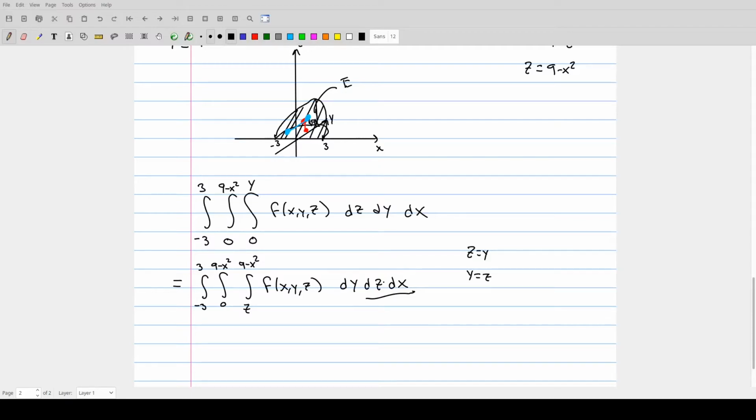So the innermost bounds in this case, the z bounds in this order of integration, z depends on x. So this is a function of x right here. These two bounds are in general functions of x. And then because our innermost integral is in y, these can be functions of both z and x, which are our outer variables.